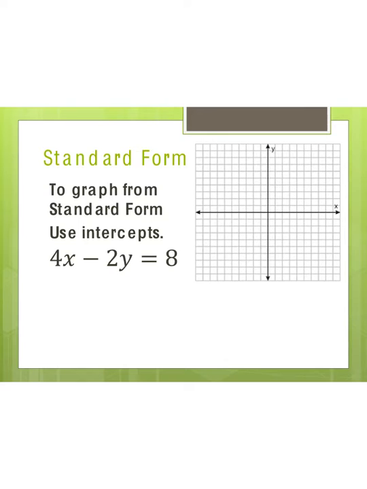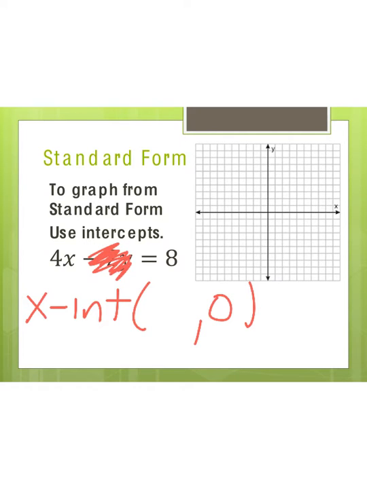So with standard form, you can either graph it using the intercepts, which I think is pretty easy. So once again, I'm going to find the x-intercept when y is 0. So when y is 0, all I have to do is solve for x: equals 8, x divided by 4 is 2.